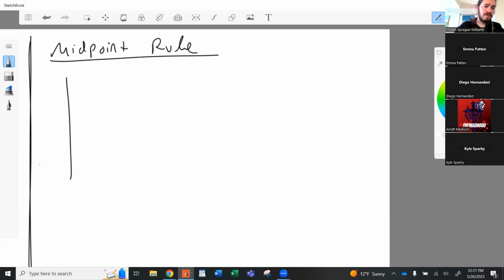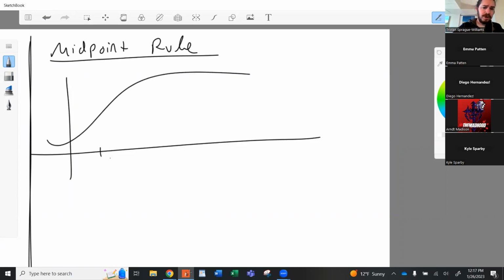The idea for this one is for each of your little subintervals here, there's some subintervals. Here's our A, here's our B. The idea here is we're going to select the midpoint of each of these subintervals, and that is where we will calculate the height of the function to define our rectangle.